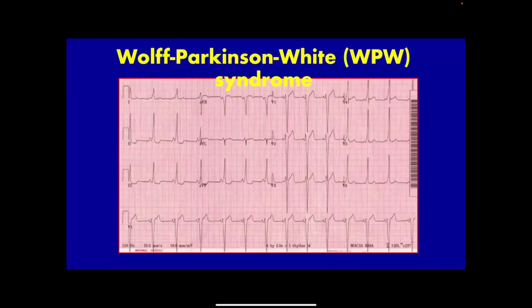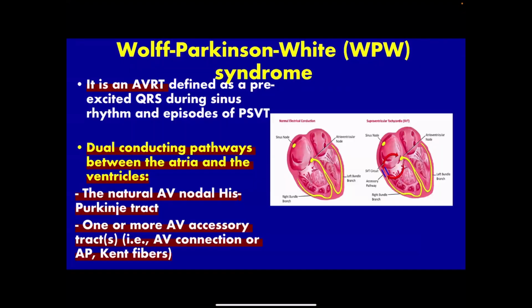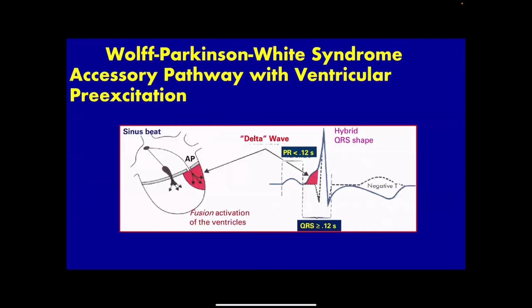So let me just show you. What's the delta wave? Delta wave is basically this notch that you see here. The normal ECG is the black dotted line. Do you see the black dotted line here? The QRS complex is supposed to dip down a bit and then go back up.